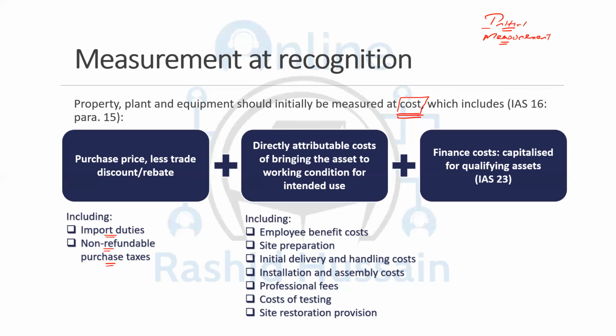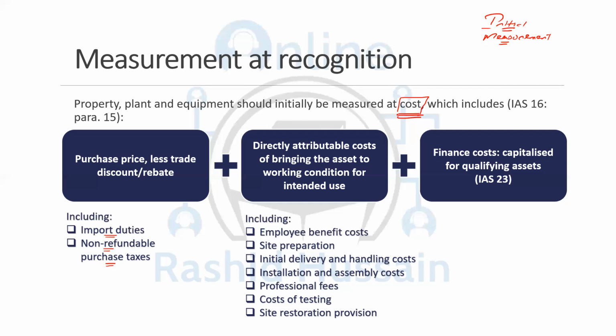So I paid the purchase price of it. It should be capitalized. I paid the import duties for it. Now it's on the port. I pay the non-refundable taxes. I need to bring it to my company. I will be bearing the transportation cost, initial delivery or handling cost.